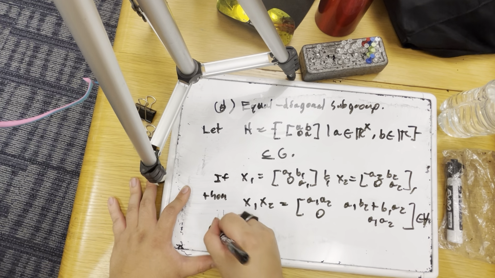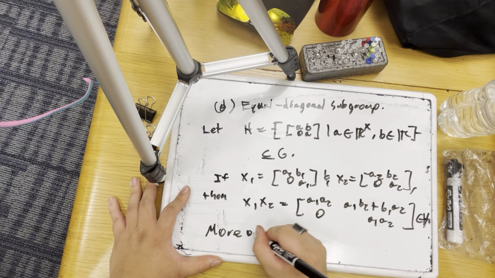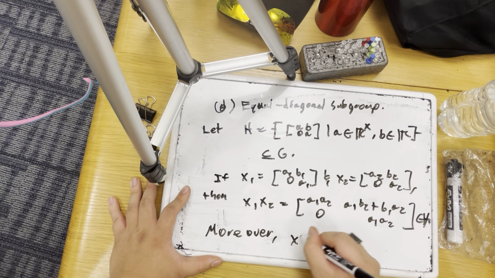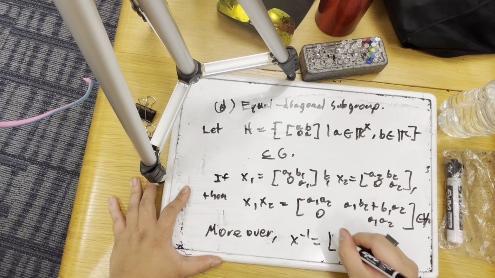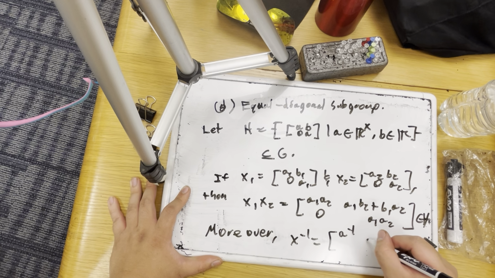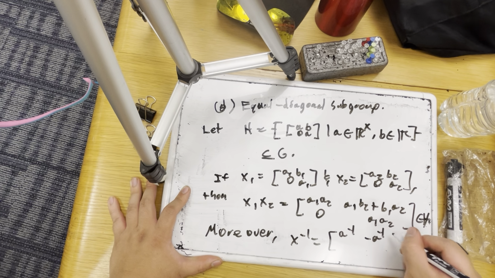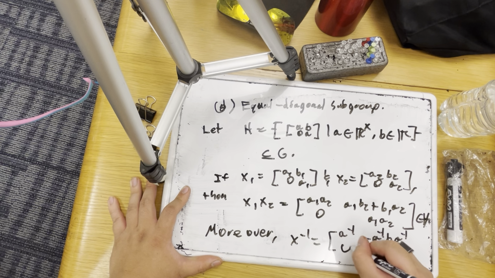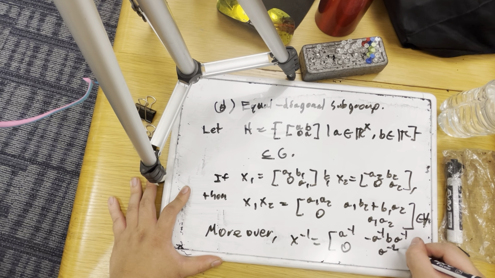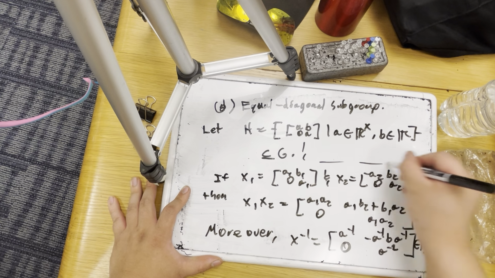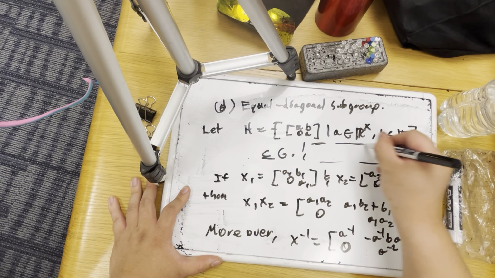Moreover, we just substitute what we had earlier there with the inverse of A for C, and what we get is the inverse of x is equal to the inverse of A, then the negative inverse of A times B times the inverse of A, then 0, then the inverse of A. And that is also contained within H. So, what can we say about that?